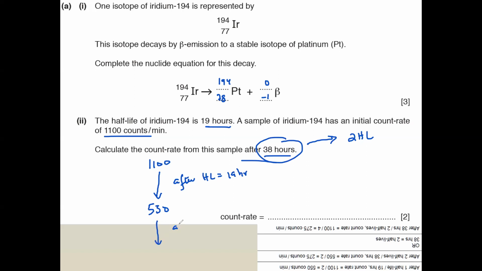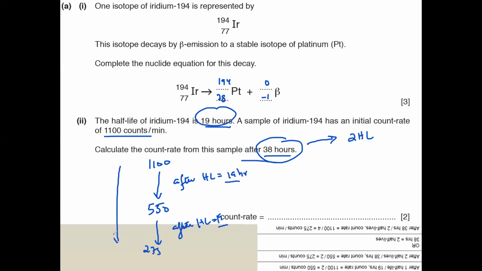Then after another half-life, basically after 38 hours means 2 half-lives, because one half-life is 19 hours. So 2 half-lives will be 38 hours. After another half-life, half of 550 equals 275.